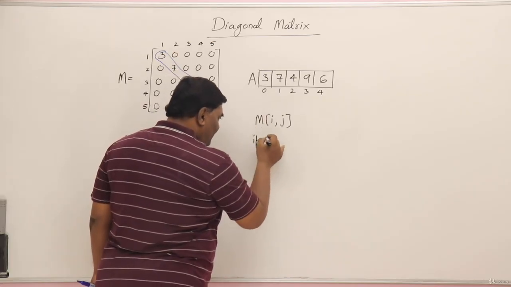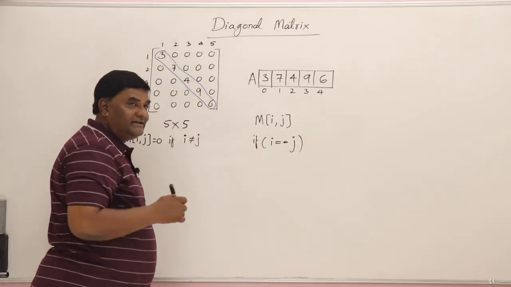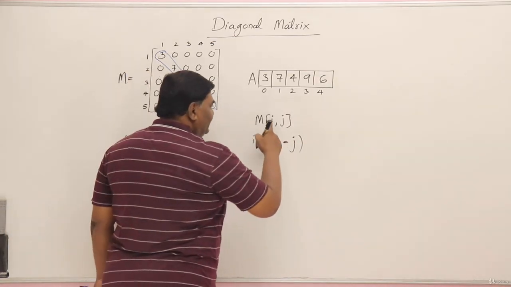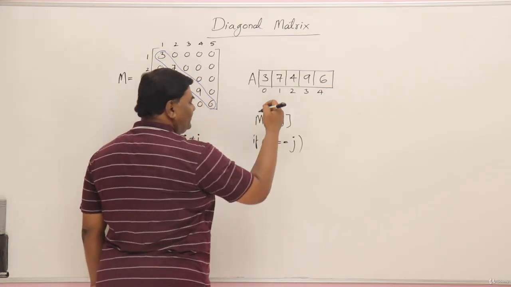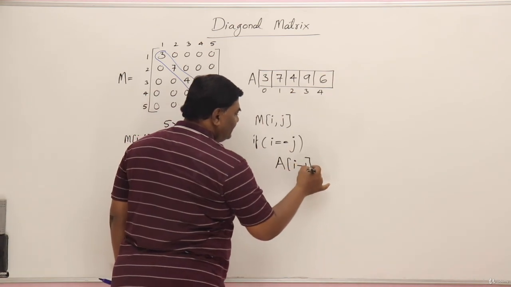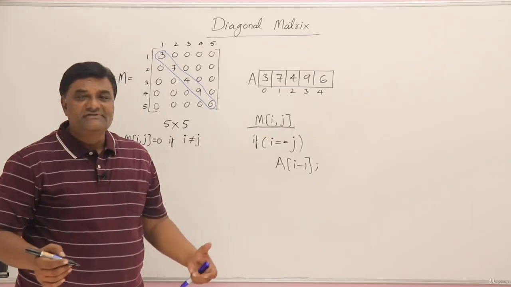First of all, if i is equal to j, then only we have an element. So if i is equal to j, then 2, 2 is present at 1, 3, 3 is present at 2. So the element is present at i minus 1, or even I can say j minus 1. So this is very simple.